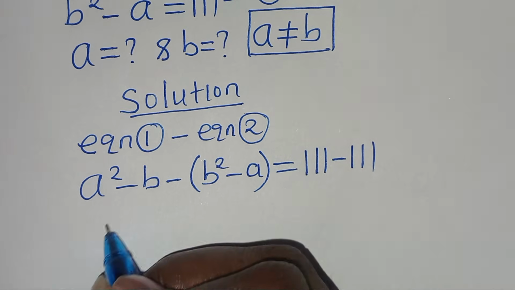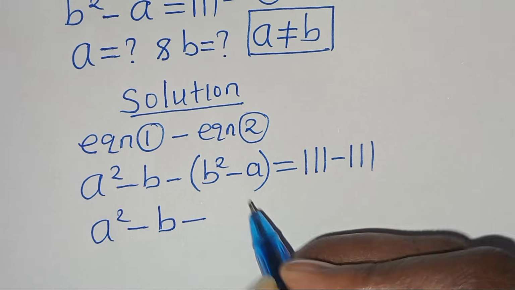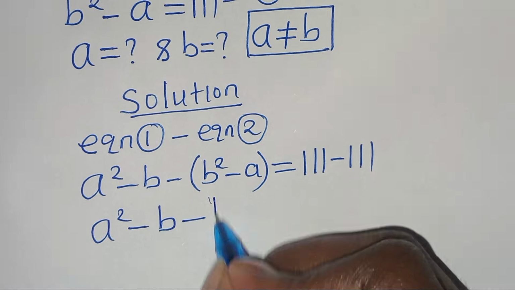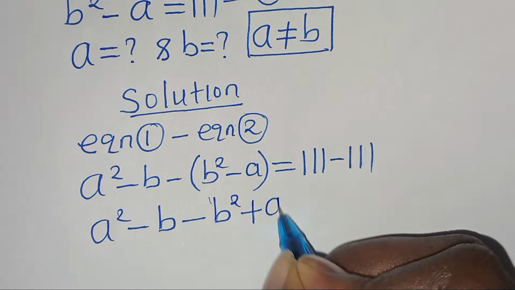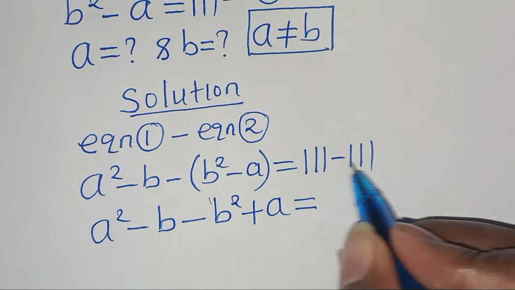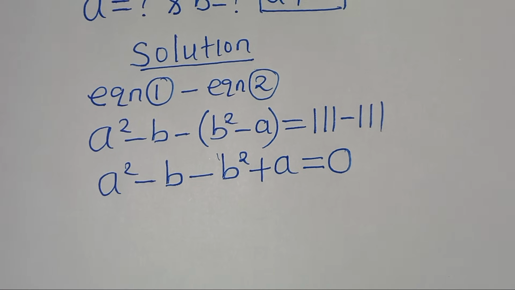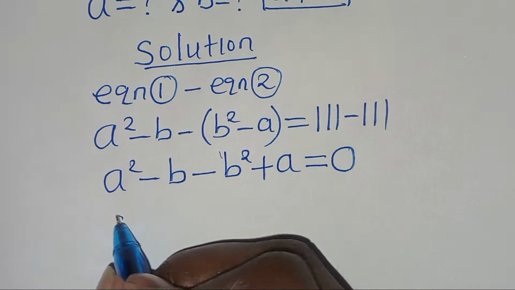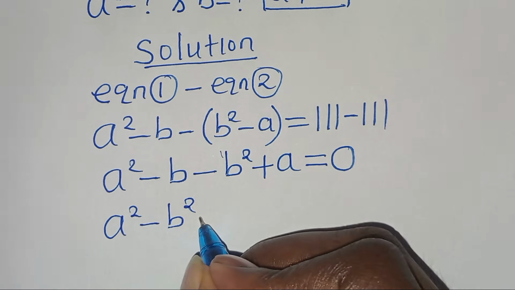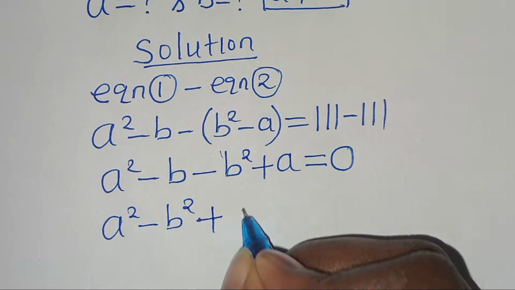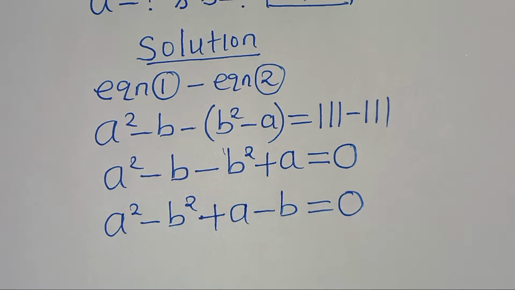So now here we have a squared minus b, subtract, let's open the parentheses here, minus b squared, minus times minus a, this is plus a, this is equal to 111 minus 111, this is equal to 0. So now we have a squared minus b squared, subtract, now we have plus a minus b, this is equal to 0.